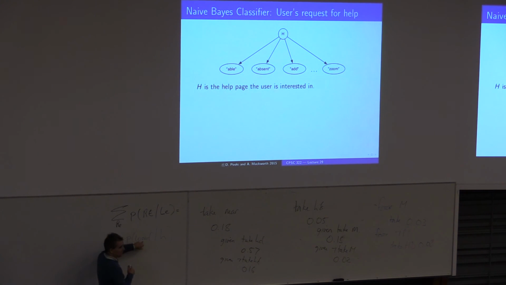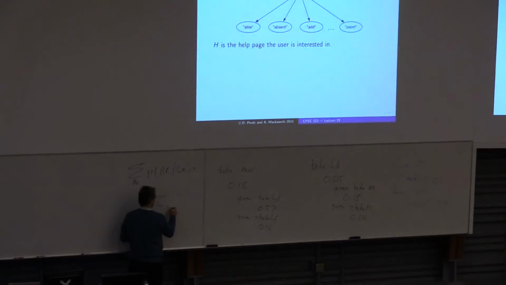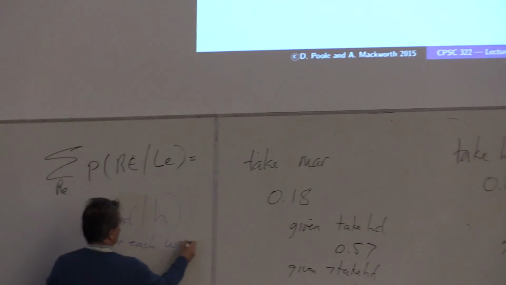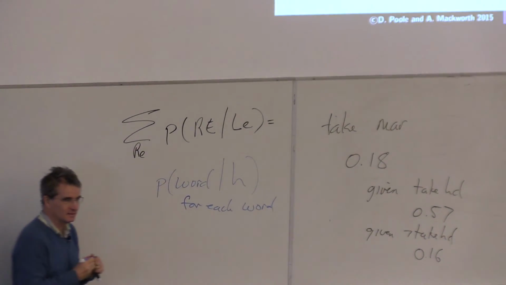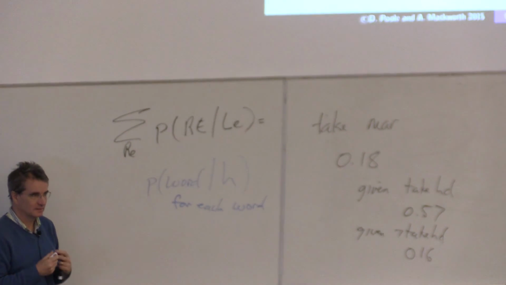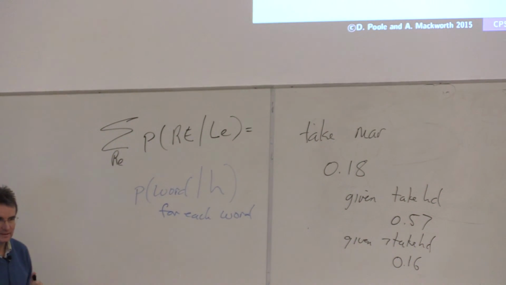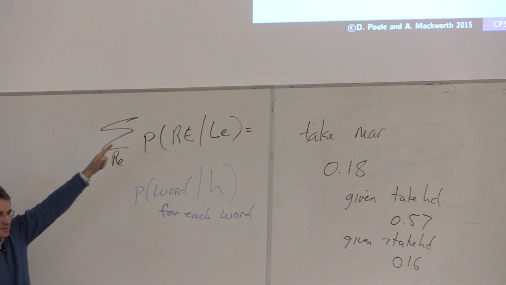Right, so we need this for every word. This for every word. And what else do we need? Come on, it's just a Bayes net. What else do we need?